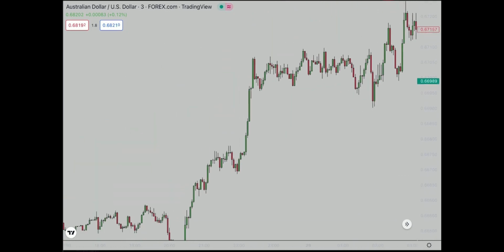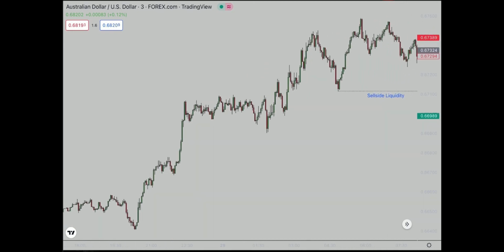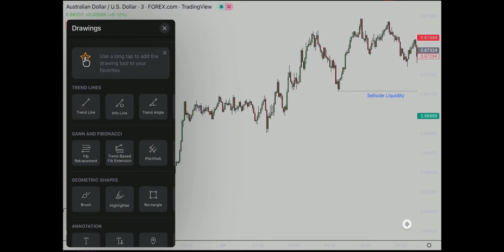We see a bullish trend at first. You see that it's going up, right?